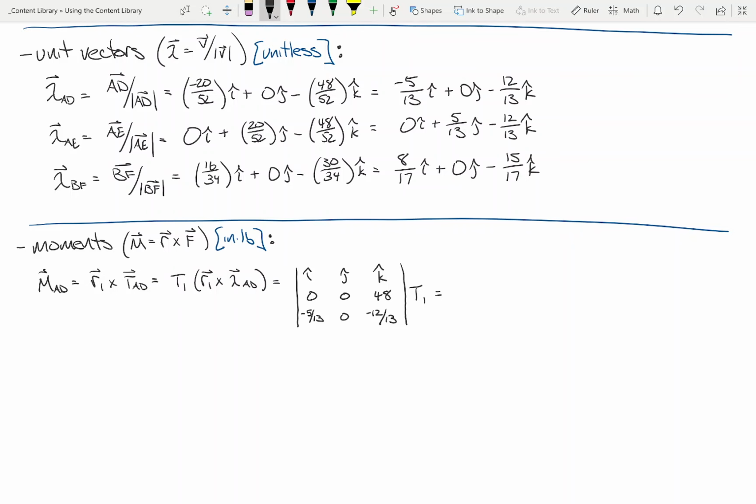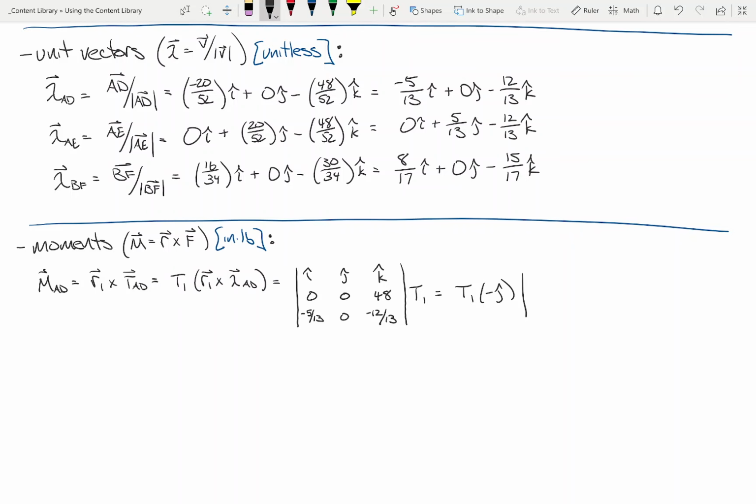So the only thing that we're left with is 48 times 5, which is 240 over 13. That's negative. Maybe we ought to be consistent with that. Let's take our time with that. T1 times minus j, because we've got the negative there.